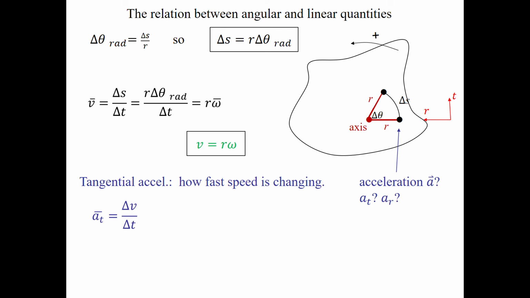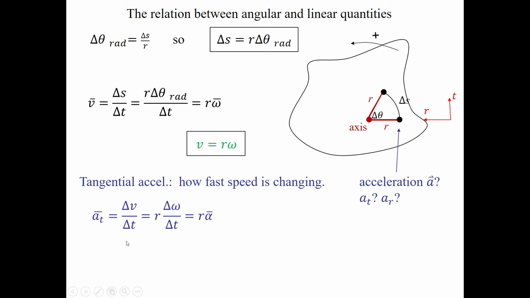And so we can write the average tangential acceleration is equal to the change in the speed divided by the change in time. And we already know the speed is related to omega by v equals r omega. So delta v is going to be r times delta omega. And delta omega over delta t is the average angular acceleration. That's a definition we gave previously.